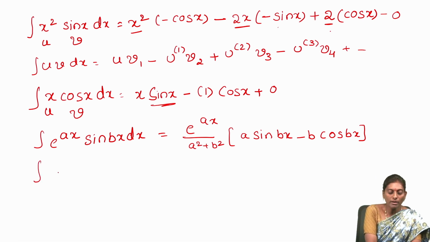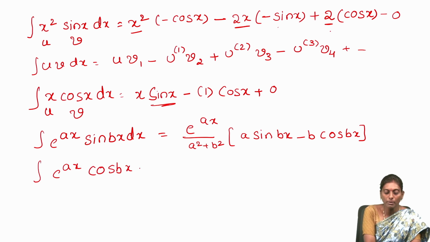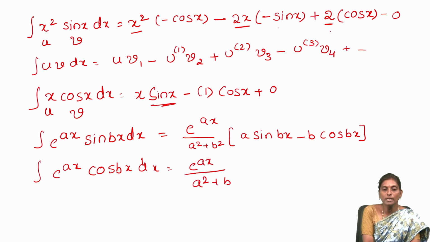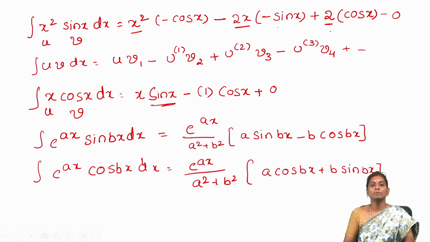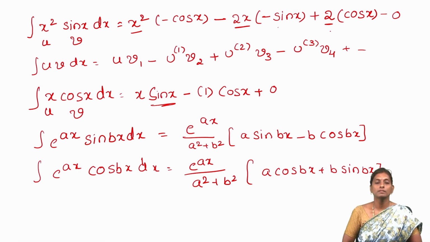And one more formula: the integration of e power ax cos bx is equal to e power ax by a square plus b square, times a cos bx plus b sin bx.